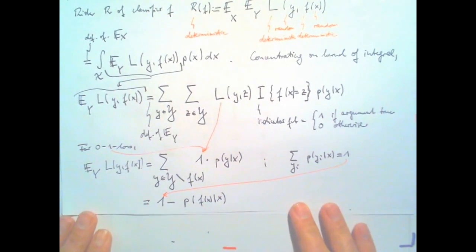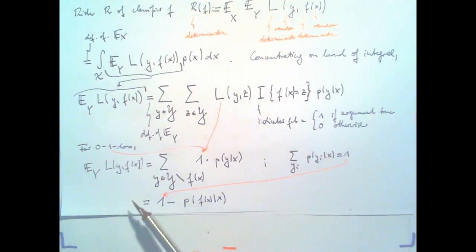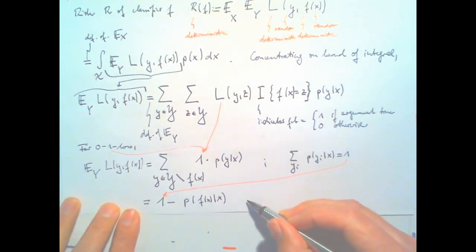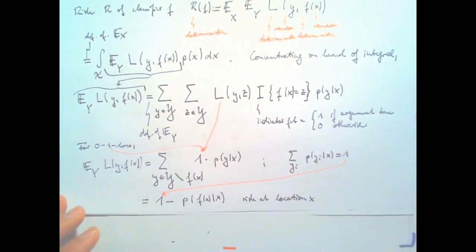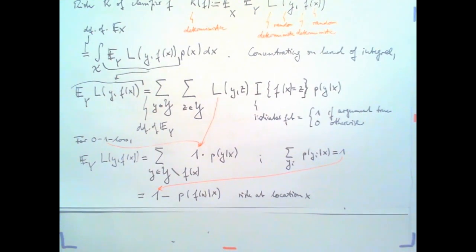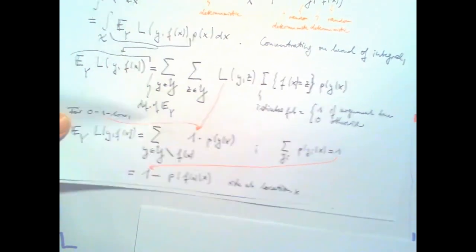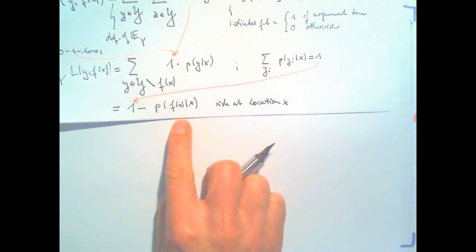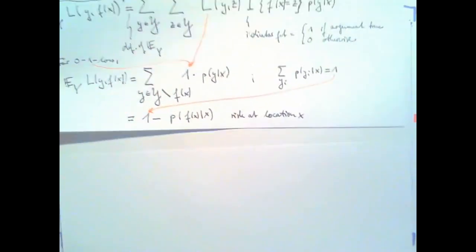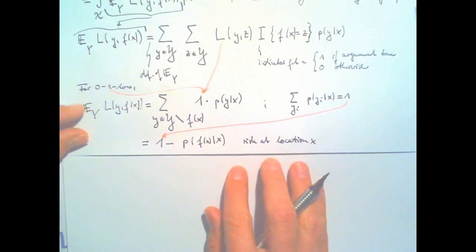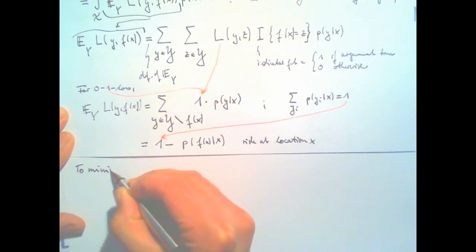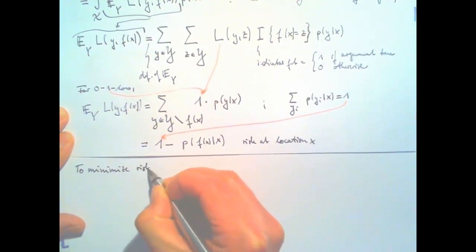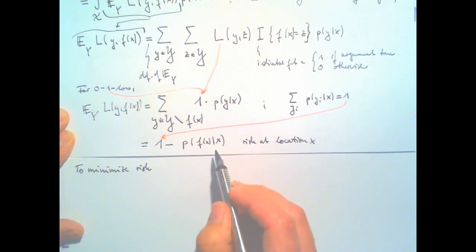Okay, so this is the risk at a location X. And we're now just a tiny step away from our result. Namely, we want to make this risk as small as possible. So to minimize the risk, we should predict the class with the highest posterior probability.